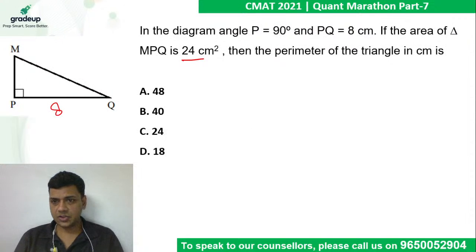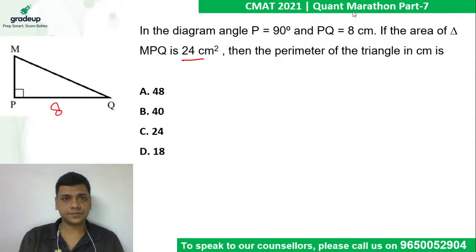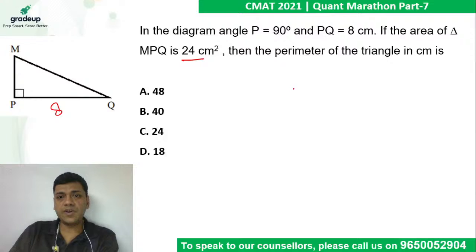Okay, so the answer is 24. Yes, that's the right answer. So basically, what was the area of a triangle? Area of a triangle is half into base into height. Now what is my base? My base is PQ.